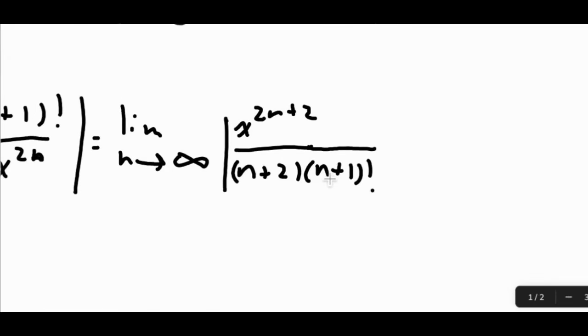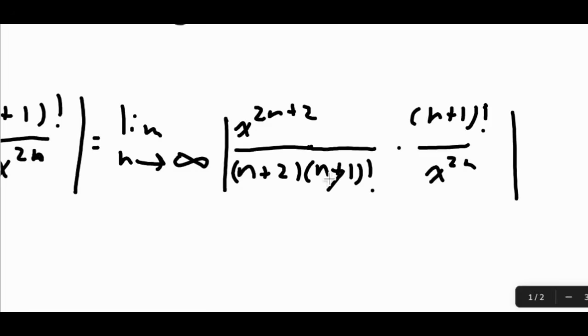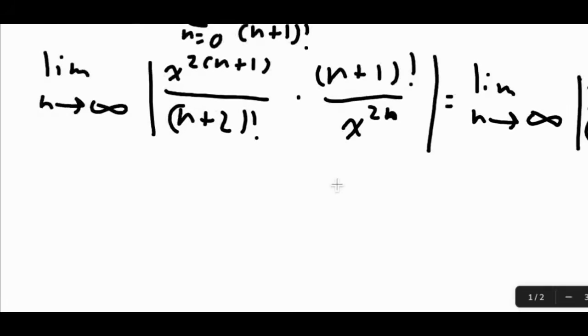And then I'm going to write our original function in reciprocal form. And if you look here, we can already cancel out these n plus 1 factorials.